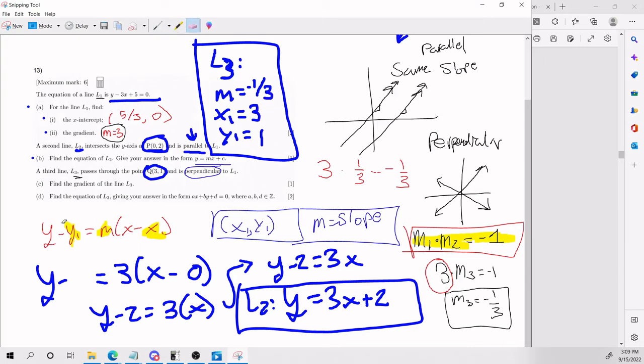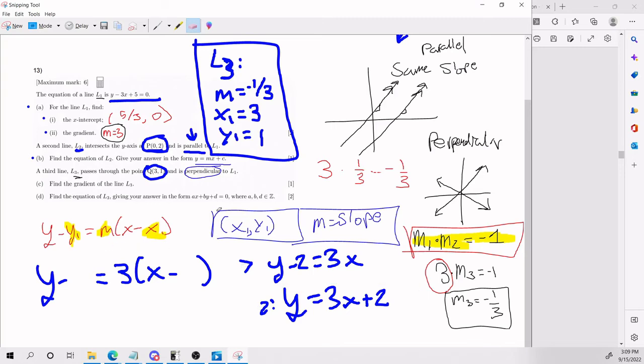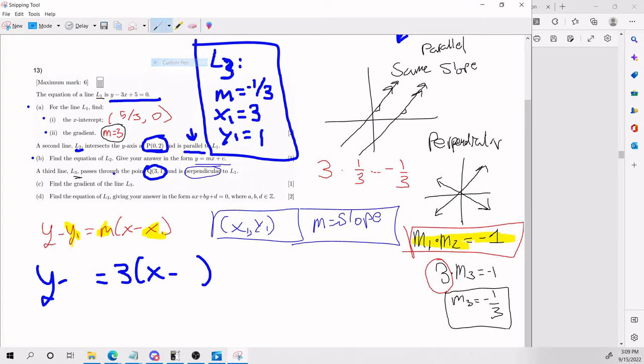So we have all this information, and we're just going to plug it in and see what happens. Let me make some space down here real quick. We end up with y minus y1, which is 1, equals -1/3 times (x minus x1, which we said was 3).